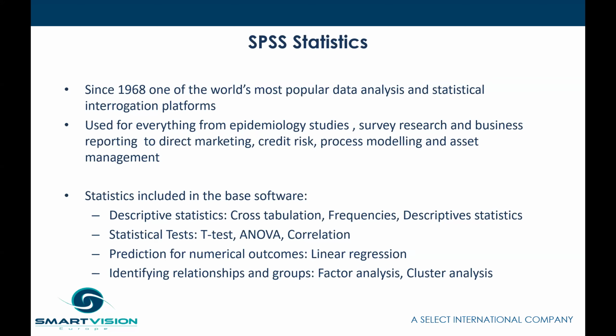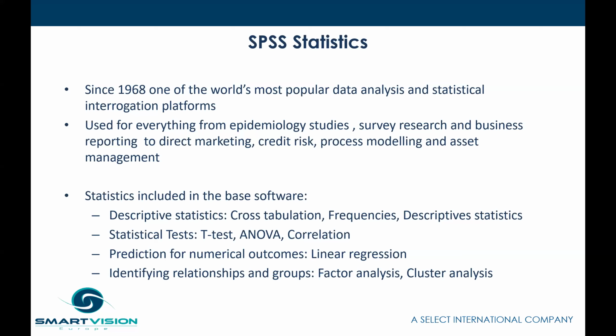And the sorts of things that you would get in a basic installation of SPSS, given that it's a modular system, would be crosstabs, frequencies, descriptive statistics, lots of statistical tests, things like t-tests and correlations and ANOVAs, if you've heard of that, or prediction for numerical outcomes, linear regression.